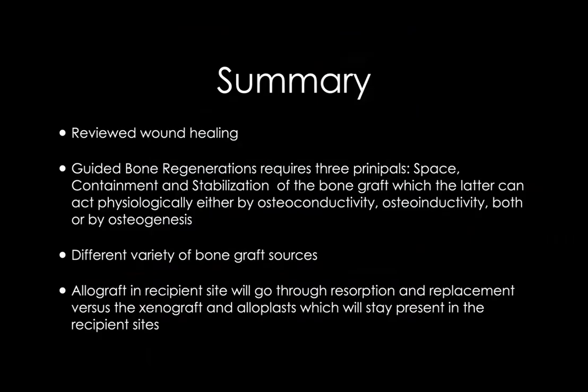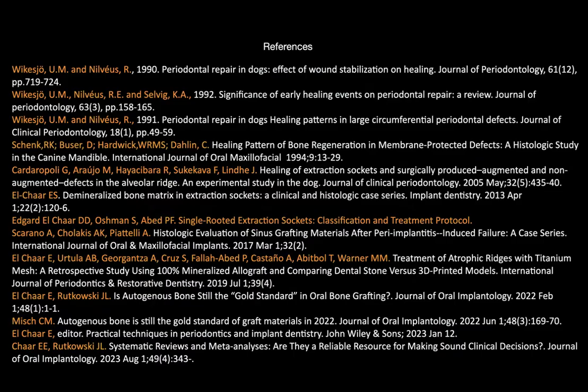And if it's an autogenous, it's osteogenesis. And then the different variety of bone graft sources. And we talked about allograft and recipient side. We'll go through resorption and replacement versus the xenograft and alloplast, which will stay present in the recipient sites. So all of these are the references of all the papers that I mentioned to you.